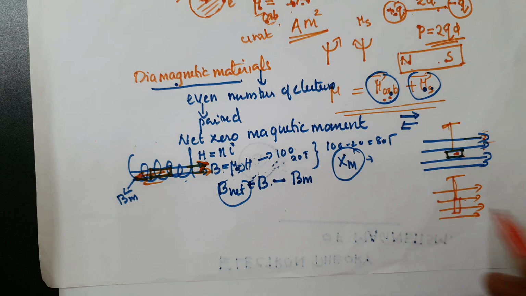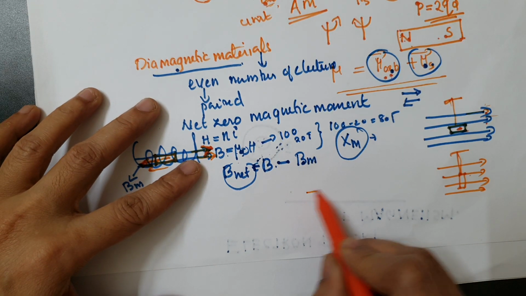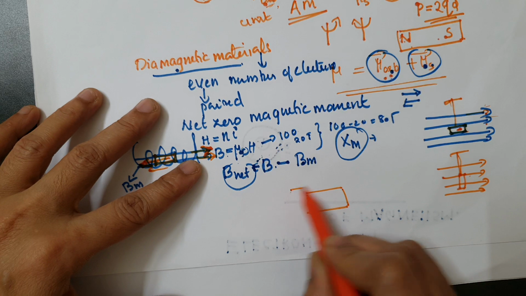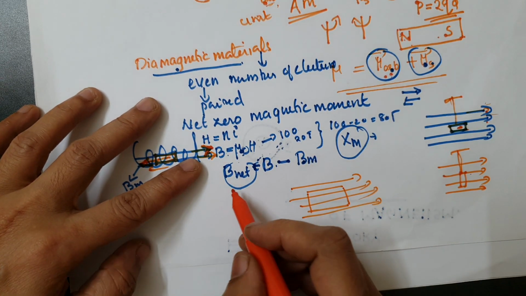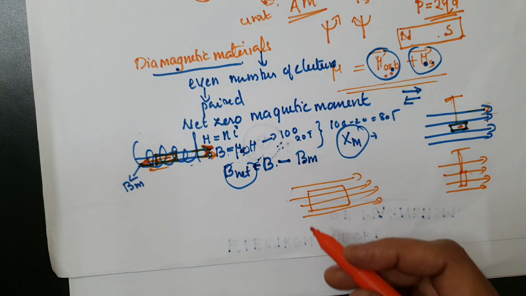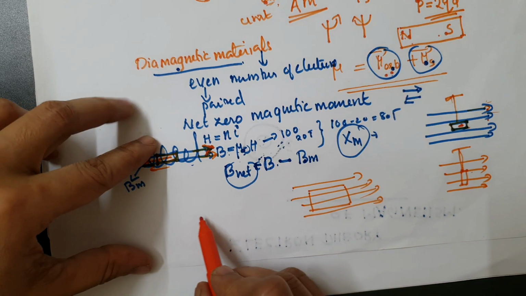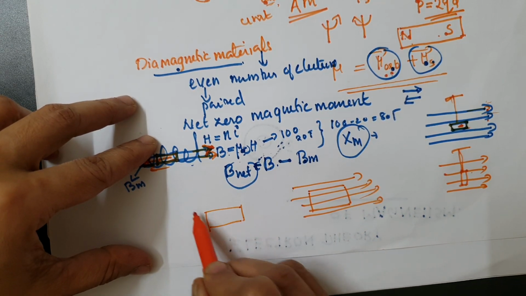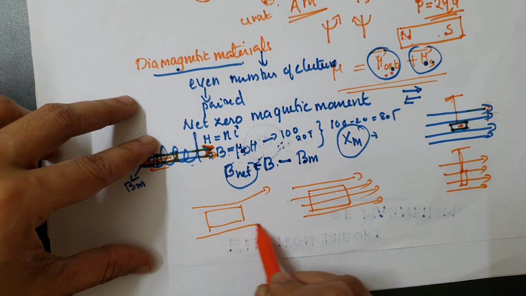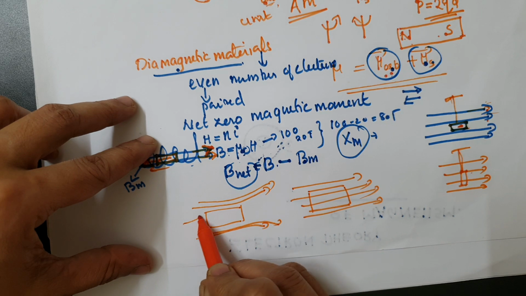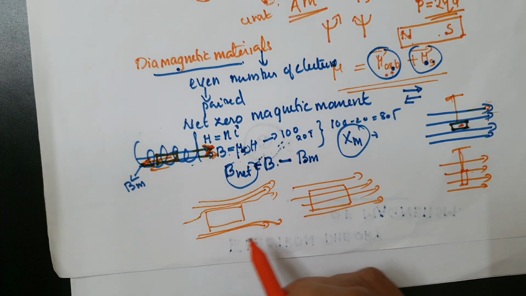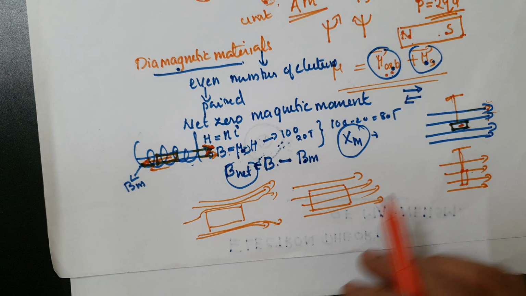And the next property of a diamagnetic material is that, when it is placed in an external magnetic field, it just expels the magnetic field lines.